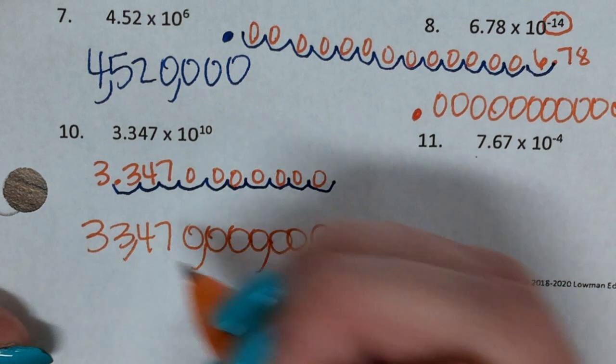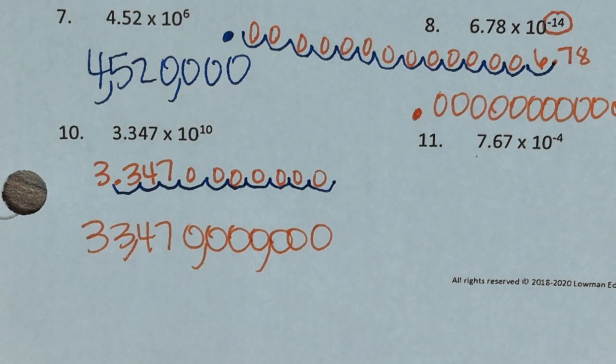I ended up adding 7 zeros. Again, you don't have to have commas in your answer, okay, but you do have to have decimals if it changes the value.